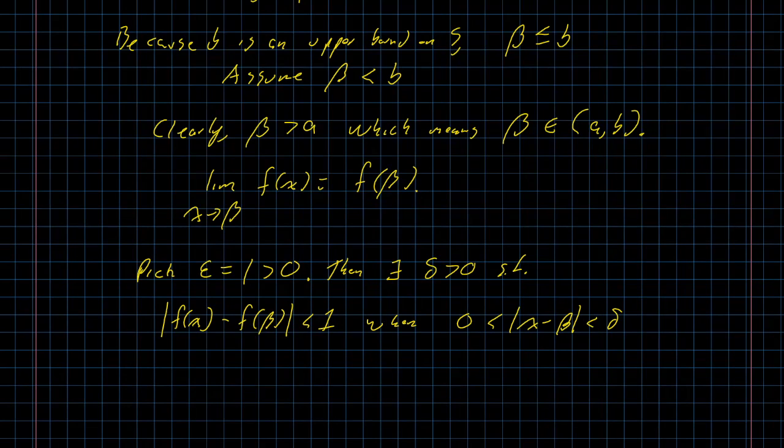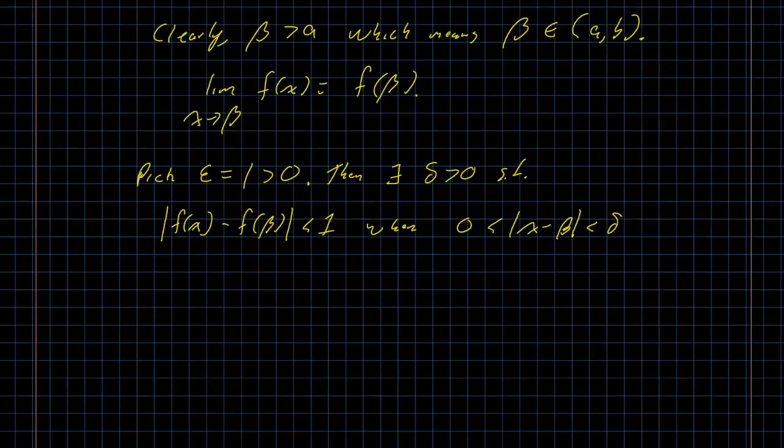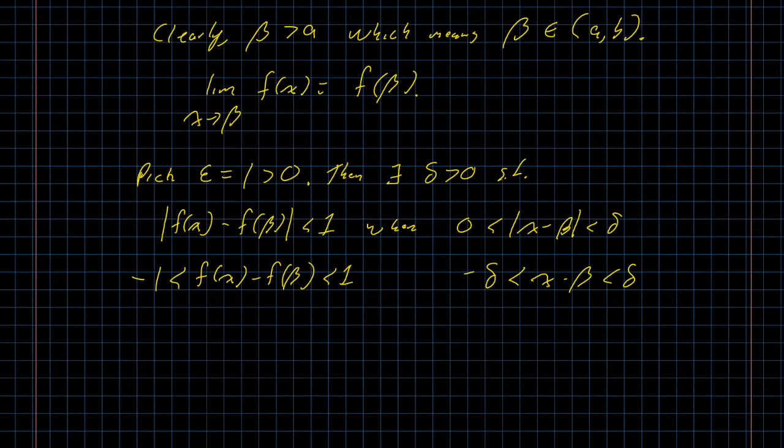All right, so the absolute value of f of x minus f of beta is less than 1 whenever x minus beta in absolute value is somewhere between 0 and delta. And we can expand out these absolute value inequalities. All right, negative 1 is less than f of x minus f of beta is less than 1. Opposite of delta is less than x minus beta is less than delta.